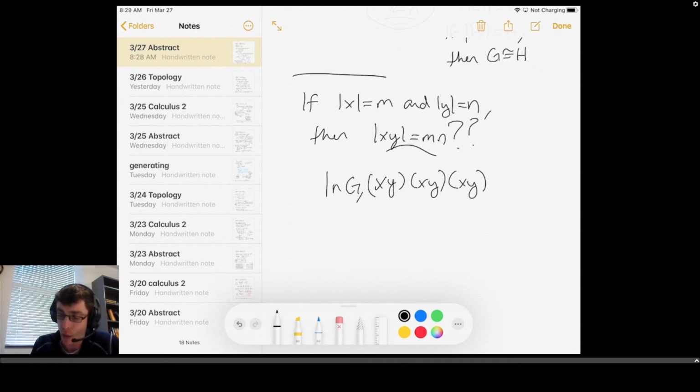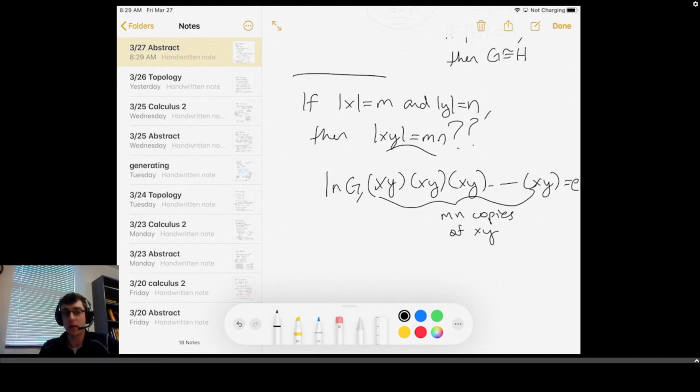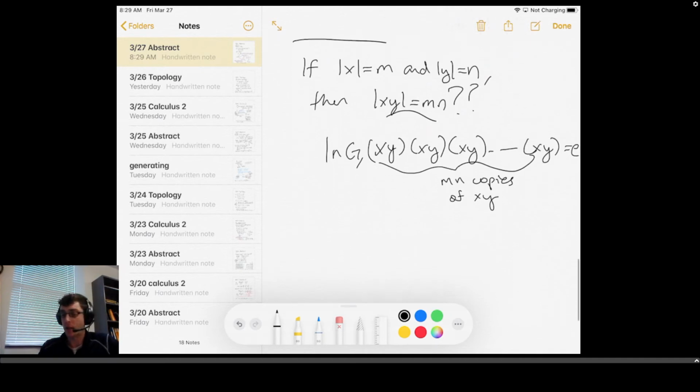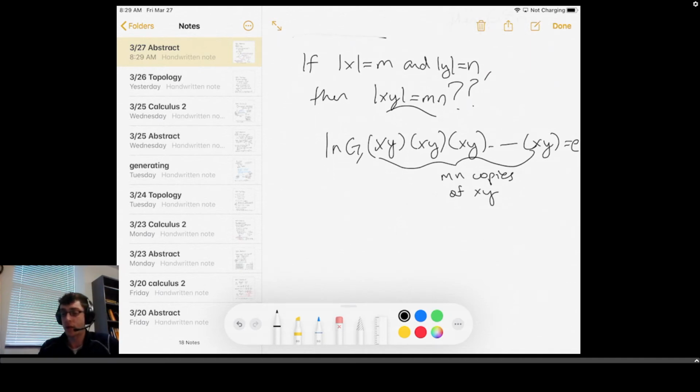When is this equal to E? If it's order mn, then this would be exactly mn copies of xy in this product. That's how this question is phrased. I'm seeing a lot of no's and wrongs. I agree. Why? What's a counterexample?